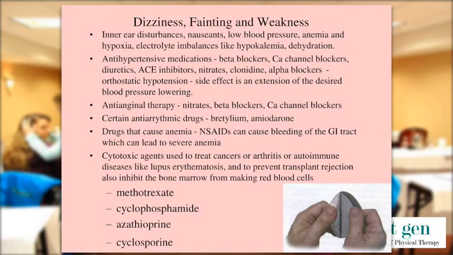Some of these medications, when they interact, can also affect the vestibular system, as we know. It can drop their blood pressure. It can cause them to be anemic. It can mess with electrolyte imbalances. All these things are really going to affect their performance in physical therapy. So you want to look at it from a medical screening and safety standpoint, but also ask: is this going to affect their outcome, their prognosis?